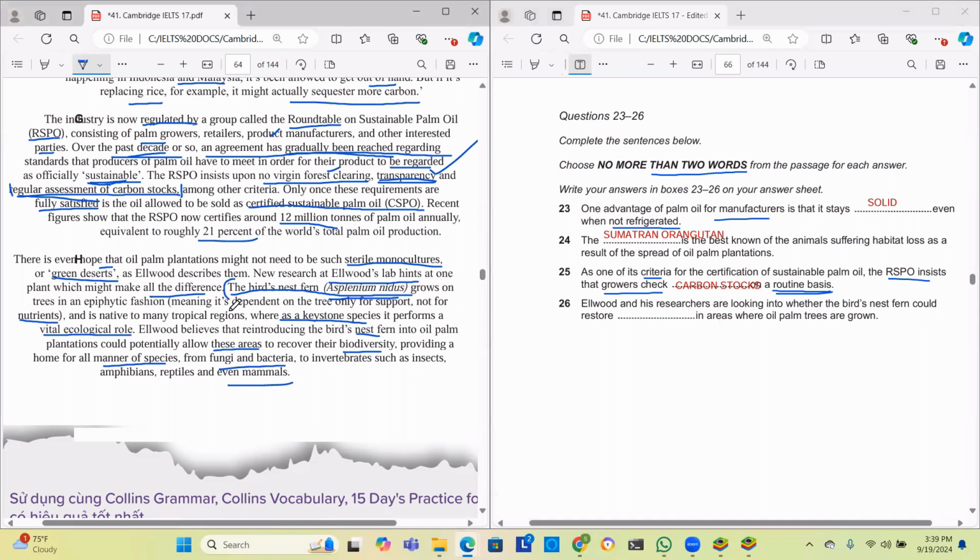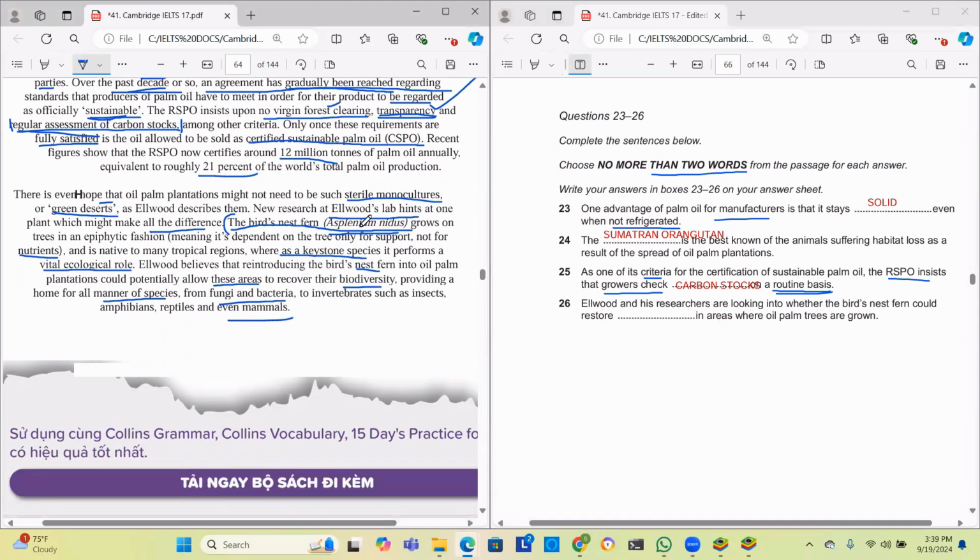In the last paragraph. So the bird's nest fern grows on the trees not for nutrients and is native to many tropical regions. Whereas keystone species, it performs a vital ecological role. Elwood believes that reintroducing the nest fern into palm oil plantation could potentially allow these areas to recover their biodiversity, providing a home for all the species.